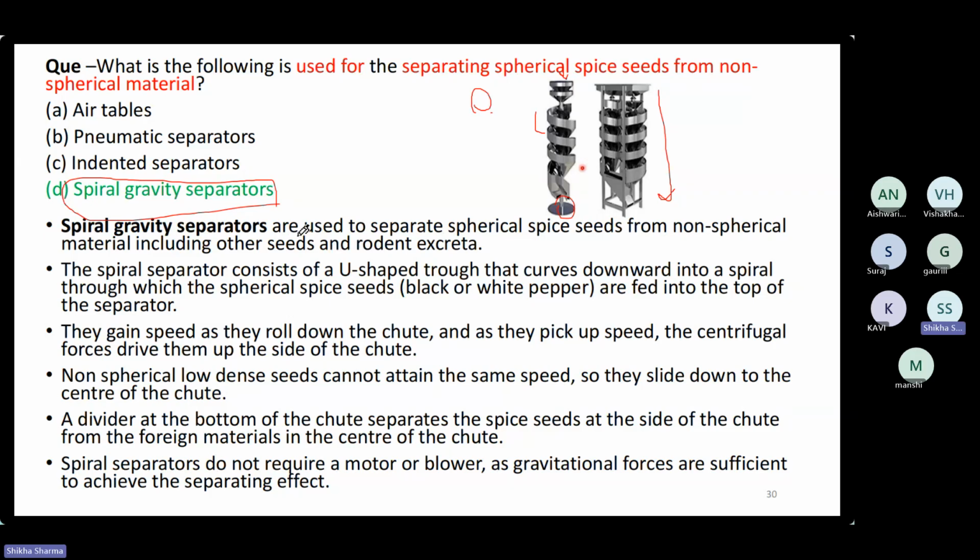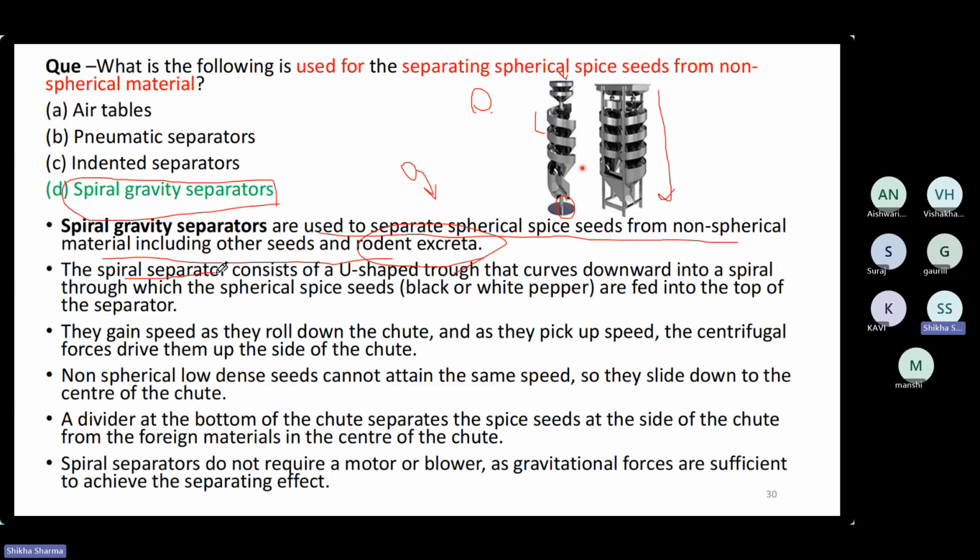So spiral gravity separators are used to separate spherical spice seeds from non-spherical materials, including other seeds and rodent excreta. Sometimes when we have spices, we have these foreign materials also, so they can be separated. Like mustard seeds, which are perfectly round, will, with the help of the slope, come very fast to the bottom.